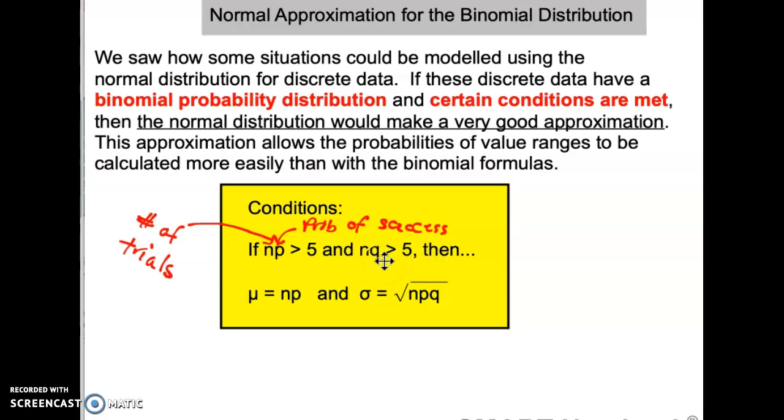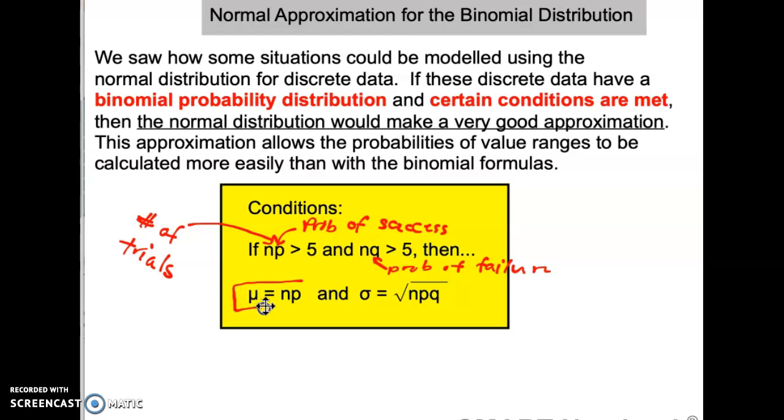That's the second condition, where q is the probability of failure. If those two conditions are met, then we can use the binomial distribution, and we can approximate it using a normal distribution.